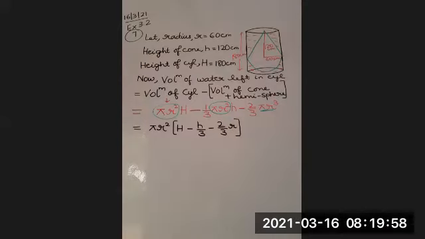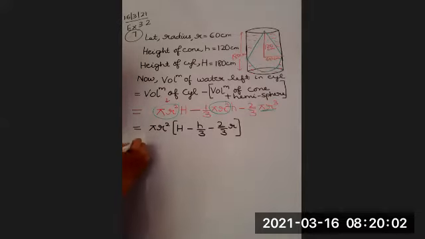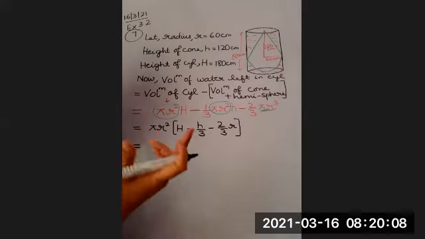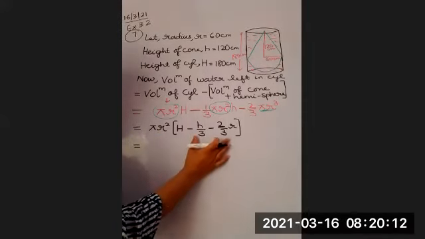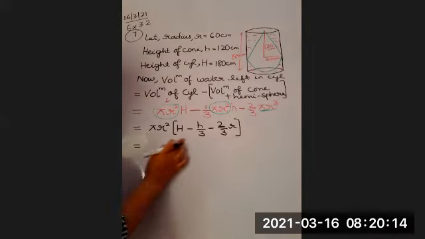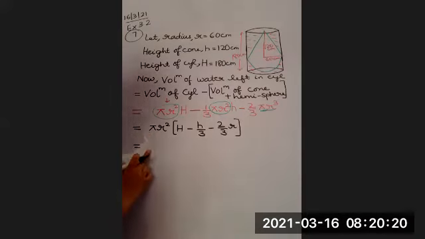Okay, beta? Let us put the values. R is 60. We do not know whether we should be taking 3.14 or 22 by 7 for pi. Let us solve the bracket and see if we are getting a multiple of 7. If we get a multiple of 7, great, we will take 22 upon 7.